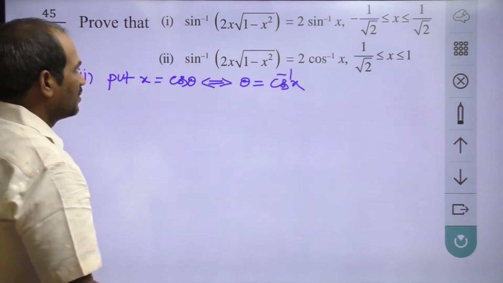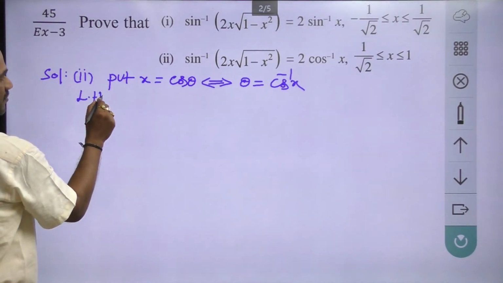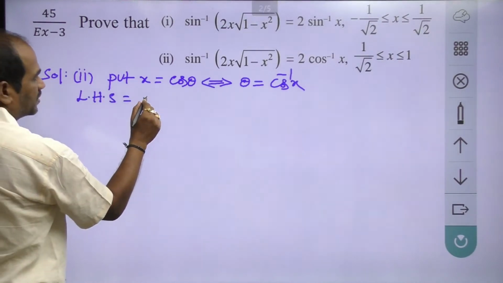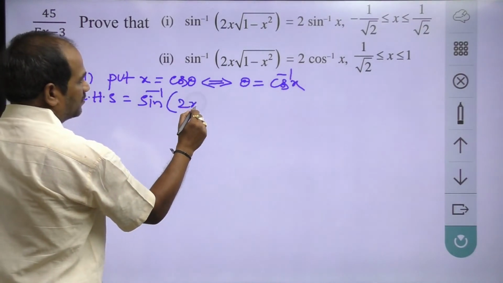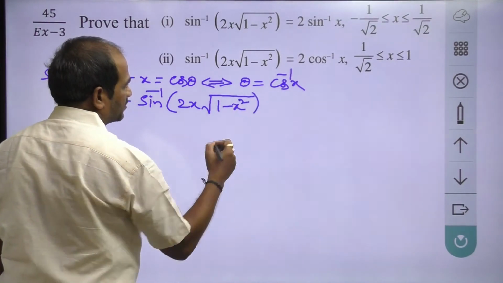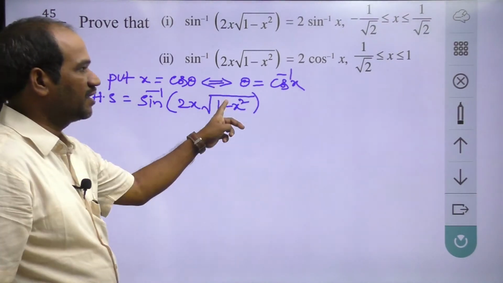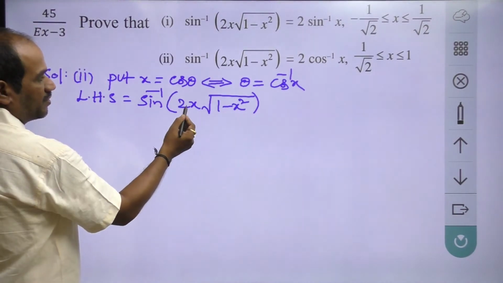Okay, taking the LHS value, the LHS is sin inverse of 2x into root of 1 minus x square. Replace x by cos theta.